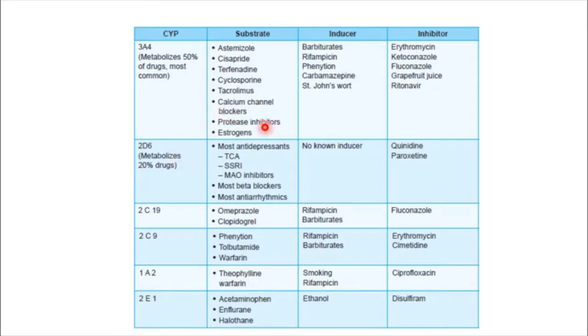For other enzymes, the lists of inducers and inhibitors are small compared with the inducers and inhibitors that affect the 3A4 enzyme.